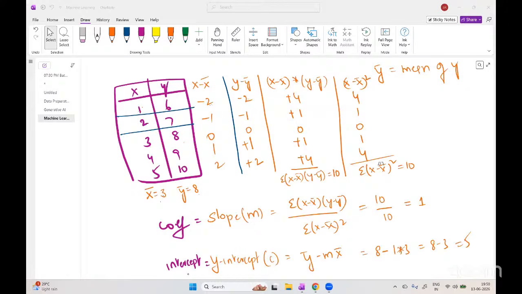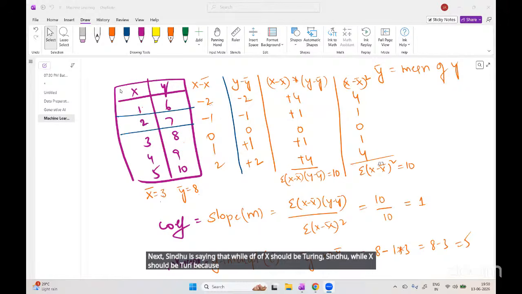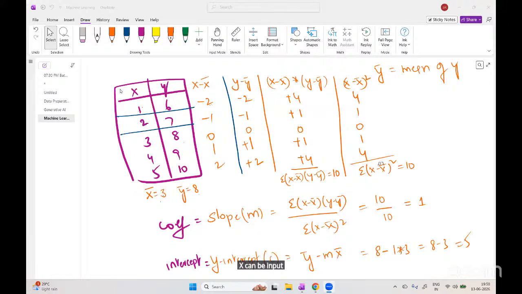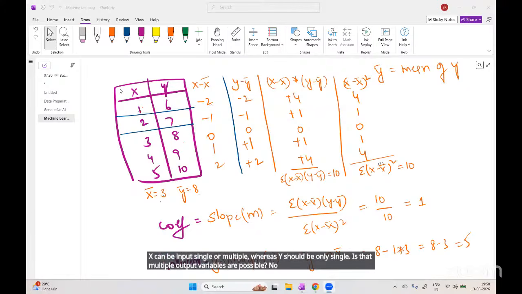Next, Sindhu is asking why df of x should be 2D. Sindhu, because x can be a single input variable or multiple input variables, whereas y should be only single. Are multiple output variables possible? No, only a single column is output, whereas input can be either single or multiple.